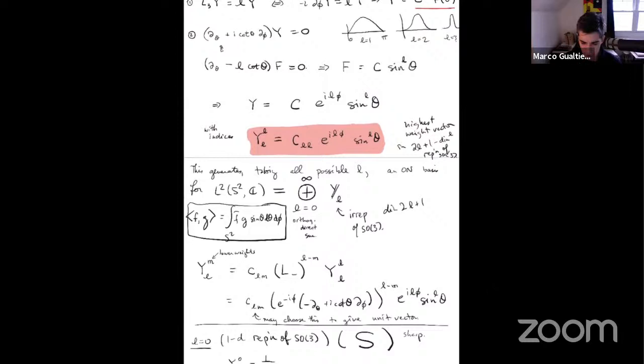And if you see how this thing looks, the parity transformation, what does it do?